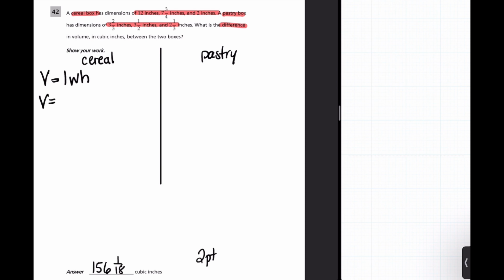So I'm going to just put a line in the middle, and we're going to start with cereal, and we're going to have pastry. So I'm going to put my volume formula. Volume is equal to length times width times height, and I'm going to put these 3 dimensions in.